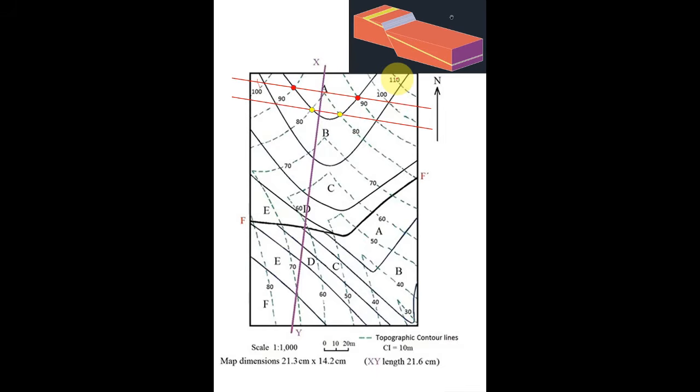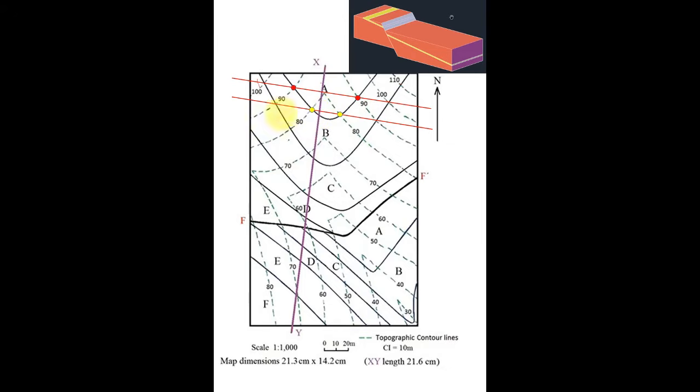I don't think it is absolutely necessary, because the strike line is not going to come inside this XY, as our final aim is to draw a cross section of this map along this XY line, right? And if this strike line is not coming inside the map here, then there is no purpose in drawing that line. Okay, so that is the reason I'm not drawing it.